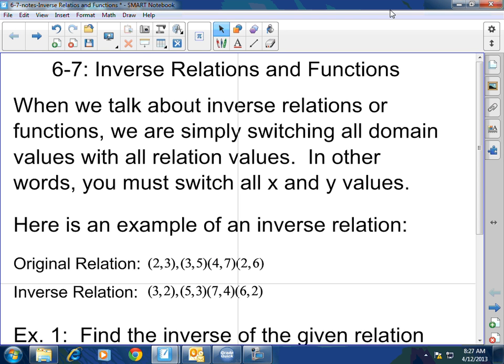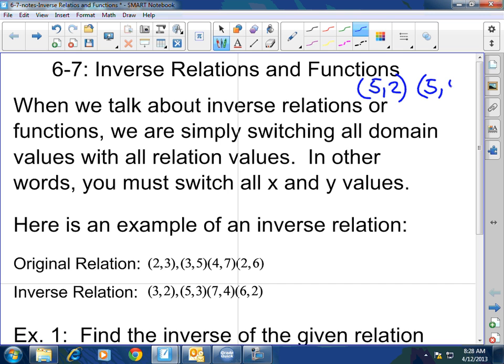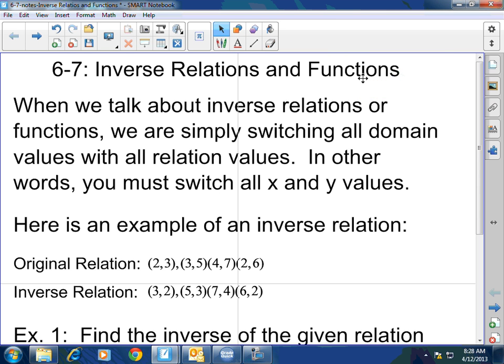So if I had the points (5, 2), (2, 7), (5, 4), that is not a function, because when x is 5, I had 2, and then when x was 5, I had 4. And I cannot have two different y values for the same x, okay? So that's what a function was, just to give you a brief little reminder.